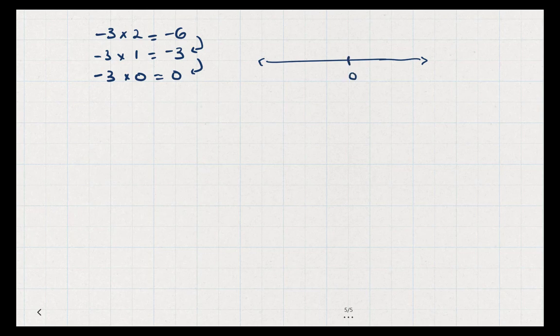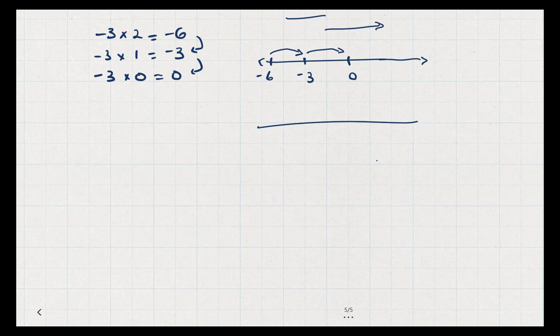Let's do that on a number line. First answer was negative 6. Next answer was -3, and the last answer was 0. So actually, even though it looks like 3 is smaller than 6, -6 is actually smaller than -3, because as we move to the right values get larger, when we move to the left our values get smaller.